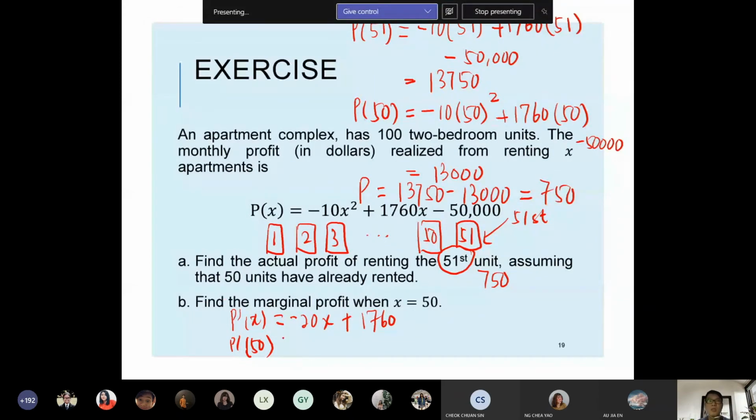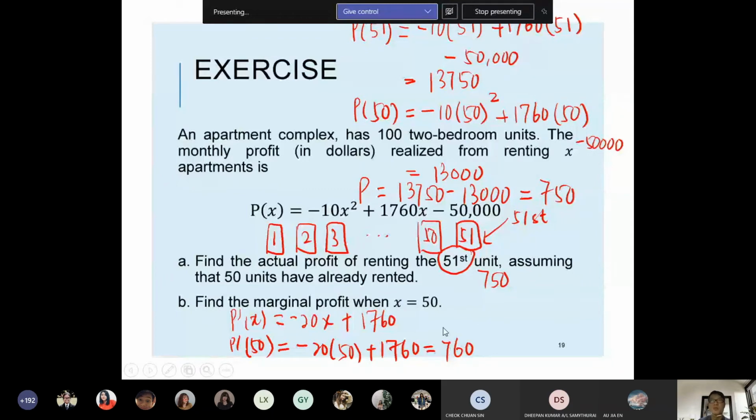When we substitute 50 here, we get negative 20 times 50 plus 1760. So what do we get? 760. Okay, good. Now you can see the answer is very close. It's not exactly the same, but very close.